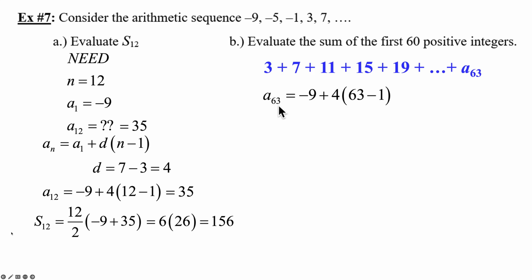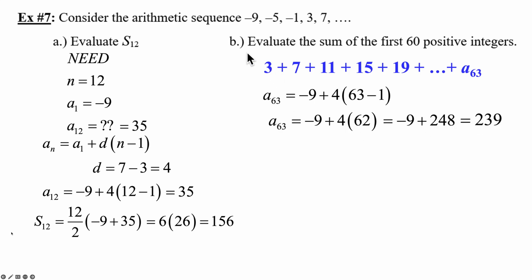I hope I wrote this in right. A sub 63 will be -9, the first term, plus our difference 4 times 63 minus 1. Okay, well, that's 62. 4 times 62 is 248, minus 9, 239.